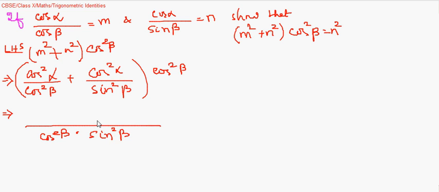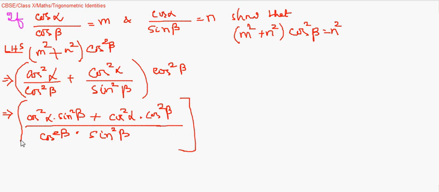So I'm left with cos square alpha and a sin square beta, so cos square alpha sin square beta plus cos square alpha cos square beta. And you also have this cos square beta left.